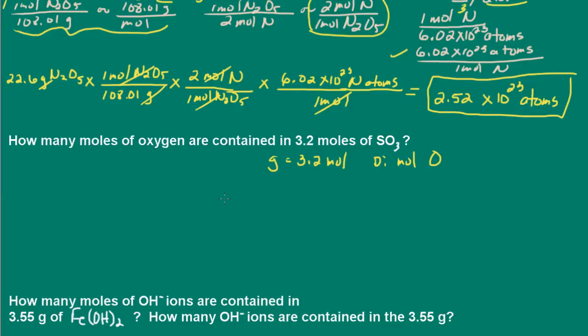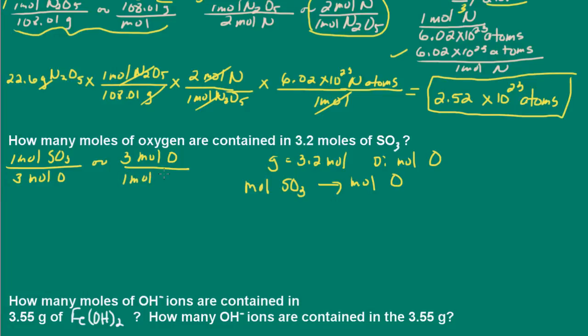This one's pretty simple because we just need to go from moles of sulfur trioxide to moles of oxygen. If we look at the formula, we know that 1 mole of sulfur trioxide contains 3 moles of oxygen.